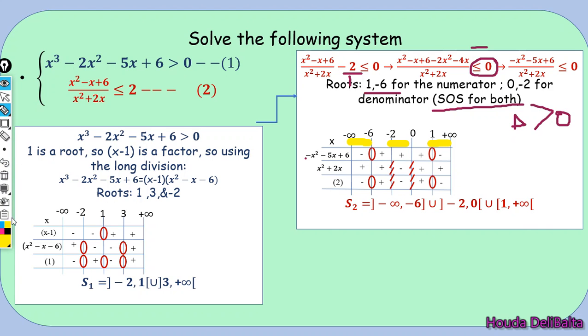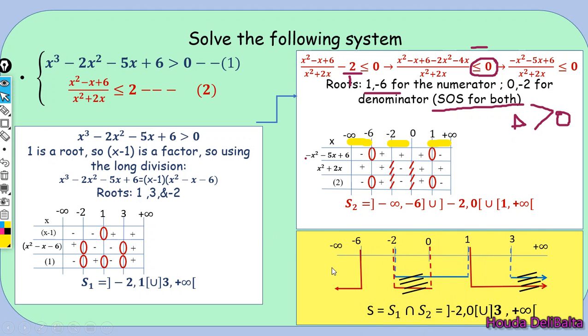Now how to get the final solution, which is using the number line. So we make a number line, as you see, from minus infinity to plus infinity. Again, we spread all the roots along this line in increasing order. So we start with minus 6, then minus 2, then 0, then 1, then 3.